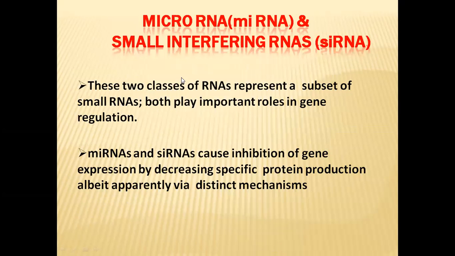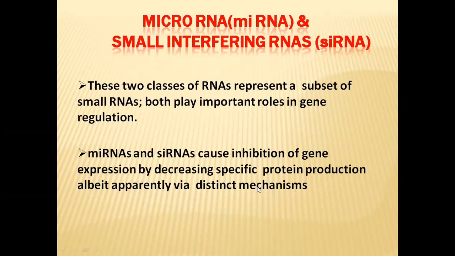And another one is microRNA, also called miRNA, and the third type is small interfering RNA, siRNA. These two classes of small RNAs are present in the nuclei, and they are helpful in inhibiting gene expression by decreasing specific protein production.